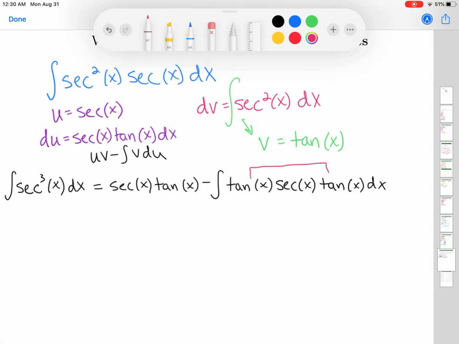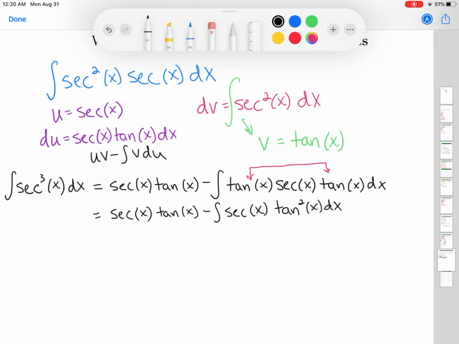I'm going to go ahead and combine my tangents by multiplying them together. So I have secant x tangent x minus, let's write this out like secant first, and then we'll have tangent squared here.